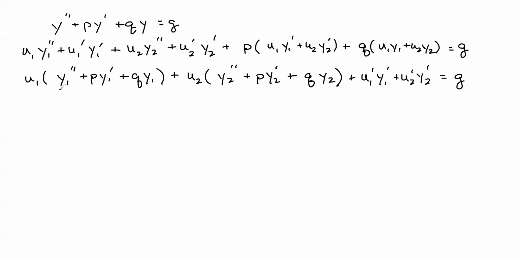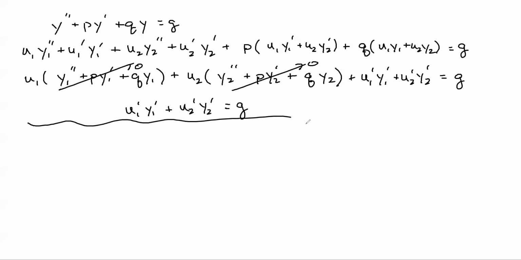What does that mean? That means this is 0, this is 0. Both of those terms completely drop out, and we get u1 prime y1 prime plus u2 prime y2 prime equals g.